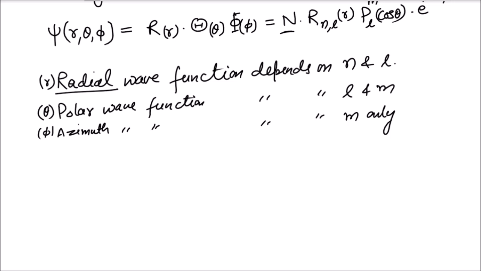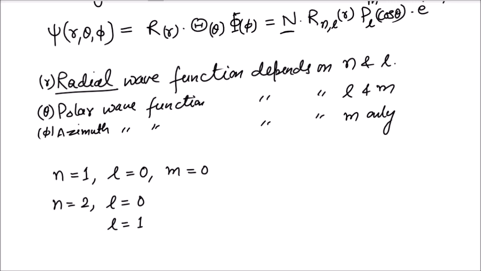If n equals 1, then l is equal to 0 and m is also equal to 0. That you all know from class 11th, and it comes from the solution of the Schrodinger wave equation. For n equal to 2, l is equal to 0 or 1, and accordingly m equal to 0, or m equal to -1, 0 and +1.